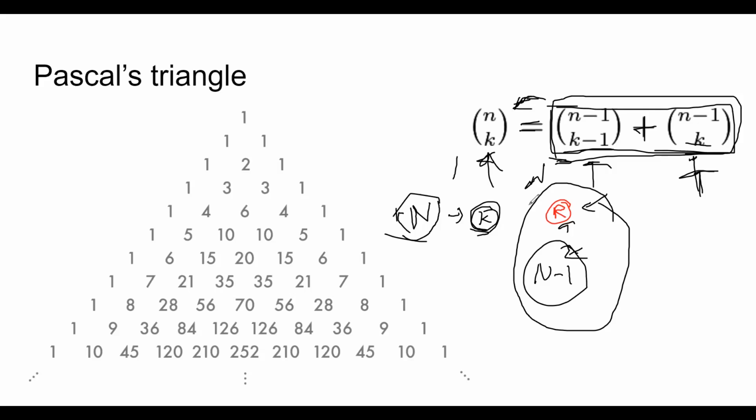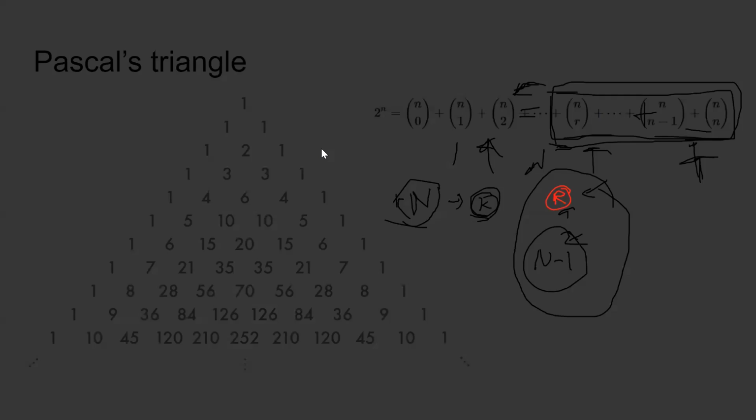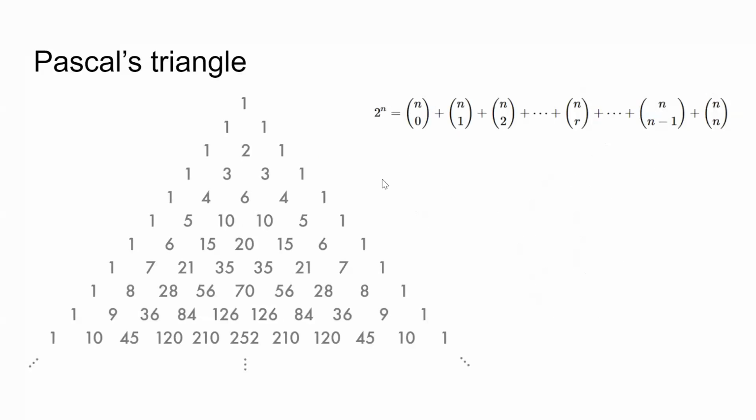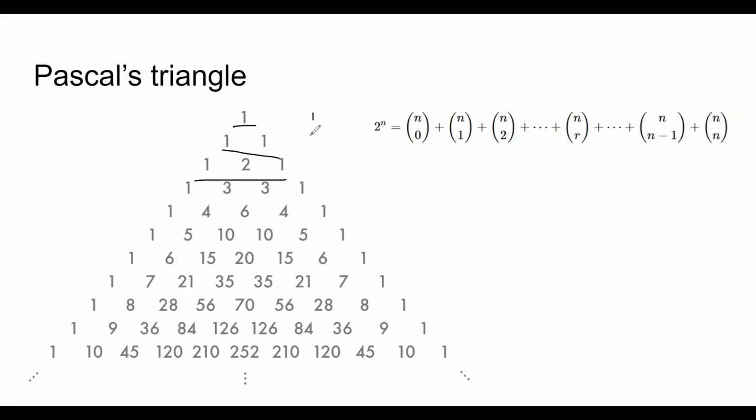All right, well, let's move on then to the next thing, which is this pretty interesting identity. So if you look at the triangle and just add up all of the numbers in each row, what do you get?